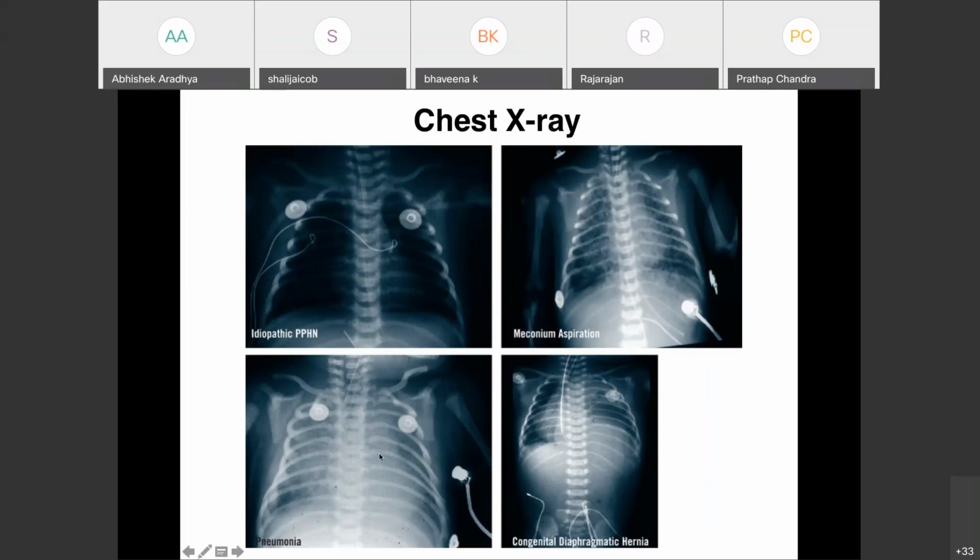And our good old congenital diaphragmatic hernia, I don't think it's projecting that well, but the abdominal contents have herniated into the left side of the thorax, causing pulmonary hypoplasia. It doesn't look like the liver is herniated, but maybe you need to do an ultrasound scan to confirm whether it is present in the chest cavity or not.